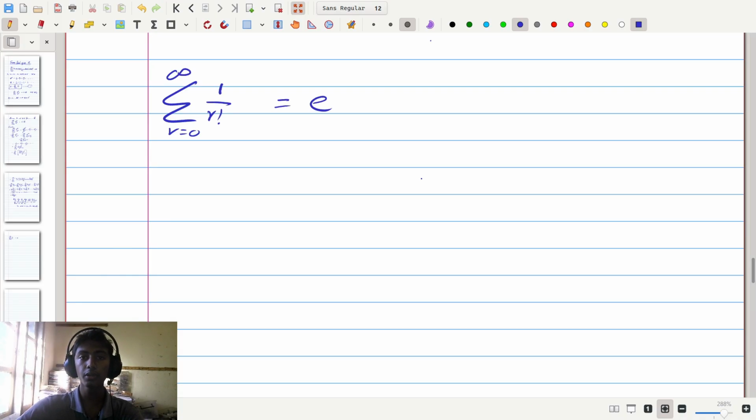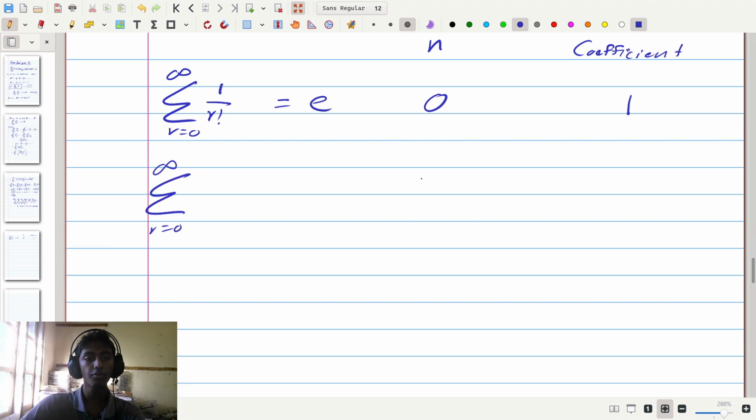So for n equals 0, the coefficient is 1. Next, the sum of r to the power of 1 divided by r factorial is also going to be e. So for n equals 1, the coefficient is still 1.